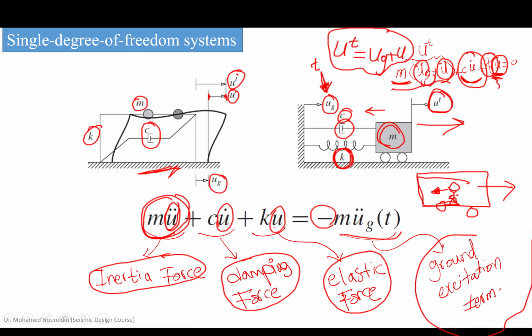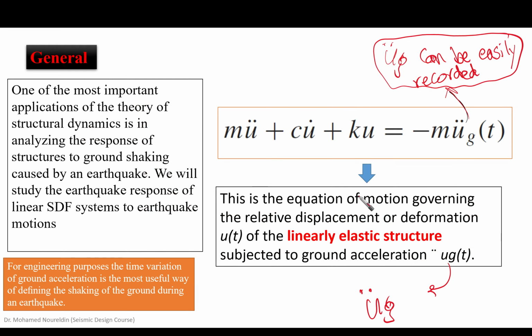Okay, so I hope that for our case, sorry for this. So here, let's go back again and see. Our equation now is going to be m u double dot, which is the inertia force, plus the damping force, plus the elastic force, equals minus m u double dot g of t, because this u g of t is changing with time.